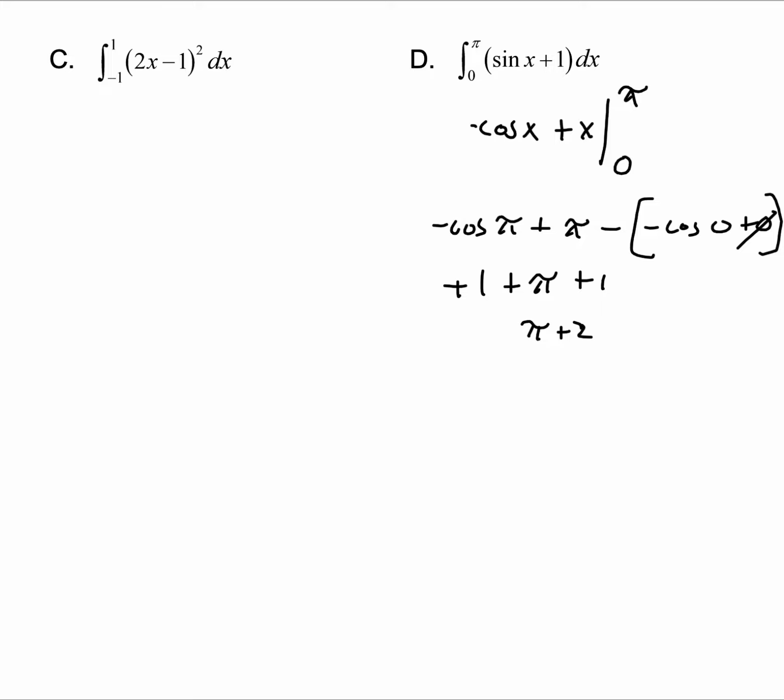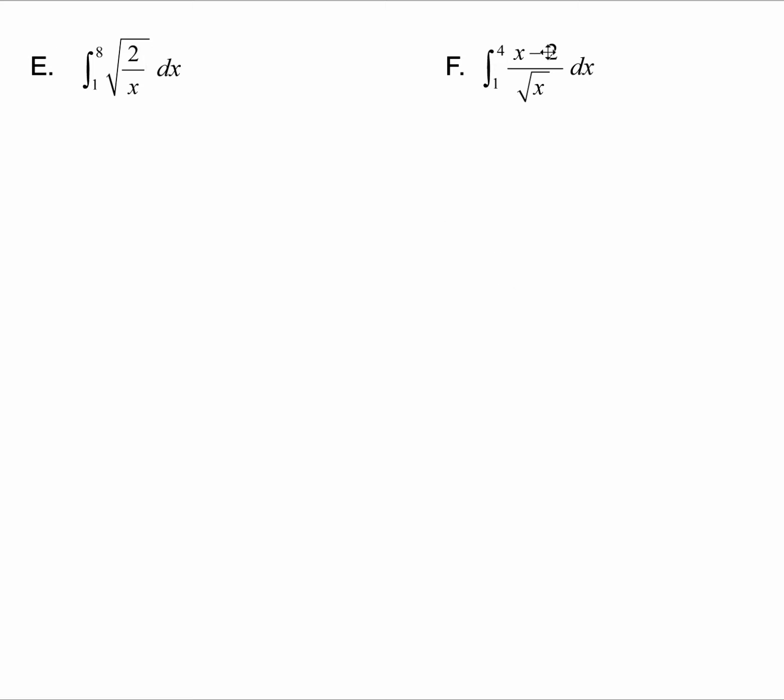Okay, let's look at 2 more examples. So this one, I think the easiest way to think about it is, well, first of all, let's express this as the square root of 2 times the square root of 1 over x.